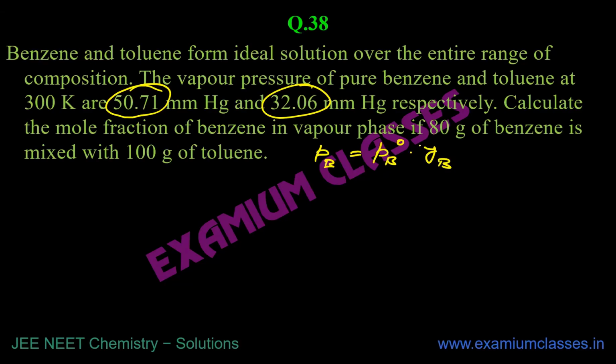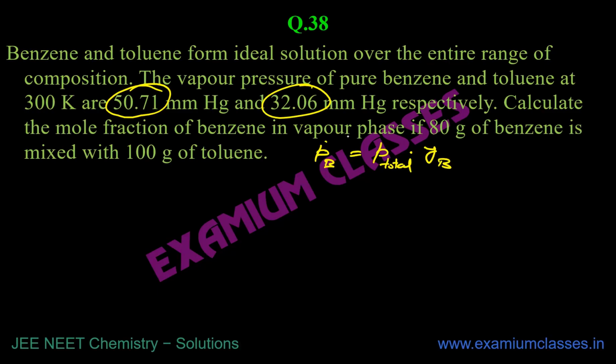So this YB you have to calculate. This is total vapor pressure, so I should write total, because in this formula, this is P total. So this is what you will be using. First find out what formula you have to use and what the unknowns are. You need PB and you need P total to get the mole fraction of benzene in vapor phase.